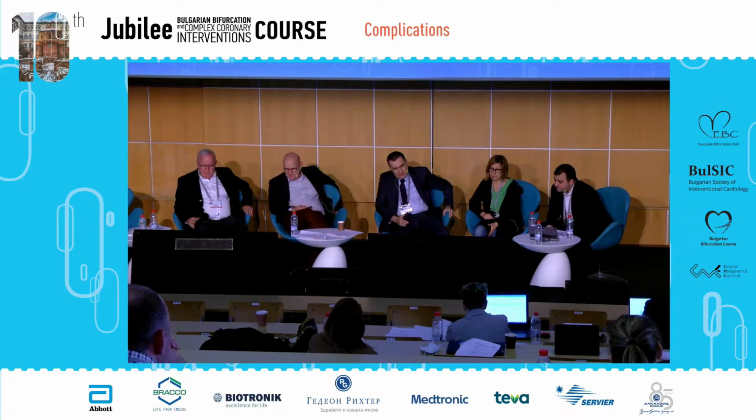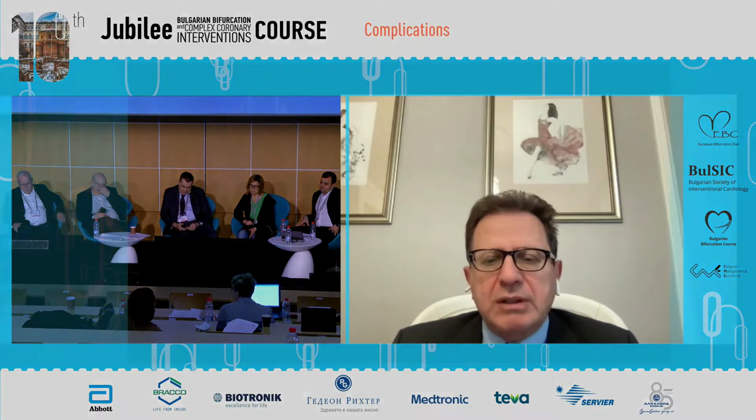Anyway, this was a nice presentation. How can we deal with a dissection even with hemodynamic compromise? Proximal or distal, everything depends on anatomy. Since the anatomy is relatively easy, there is no impediment to proceed with a second stent for distal location.